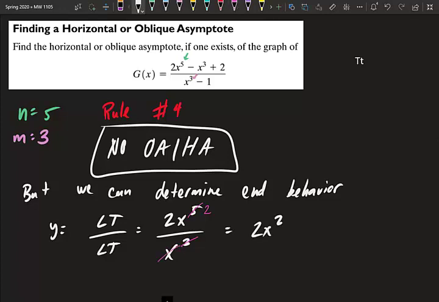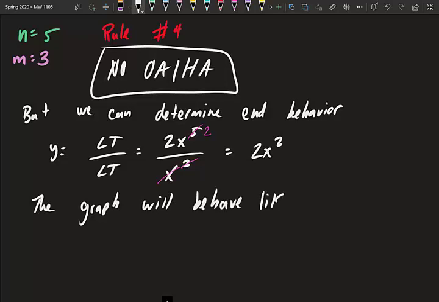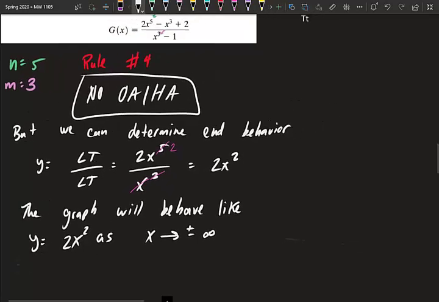So what that means is the graph will behave like y equals 2x squared as x goes towards positive and negative infinity.